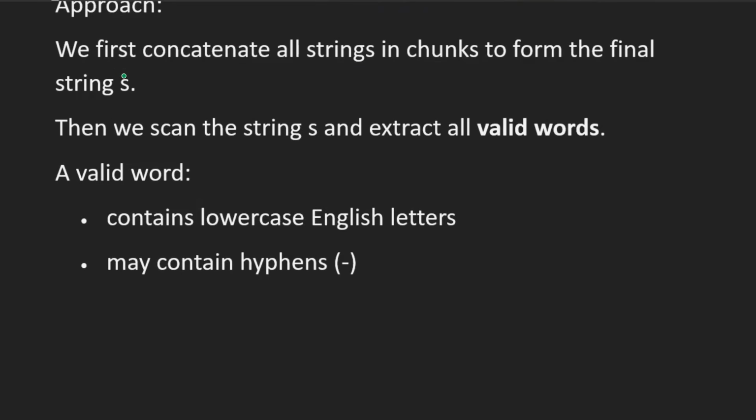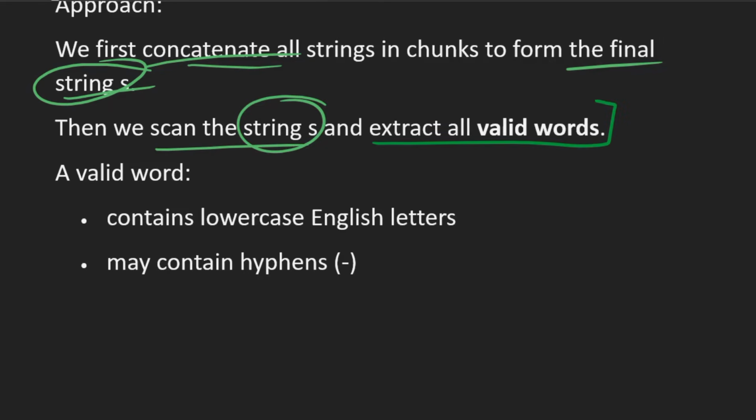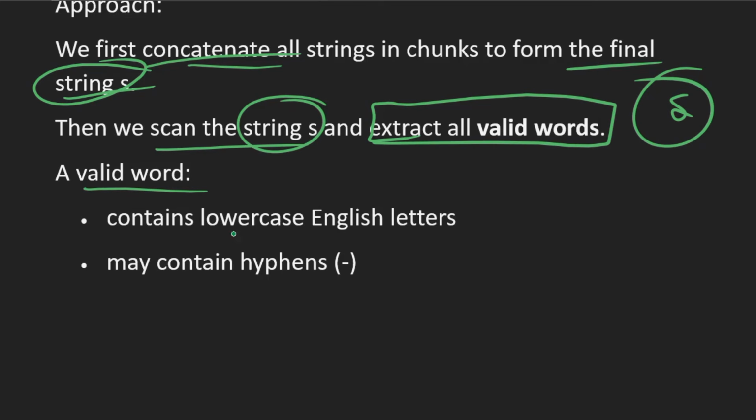So first of all, we concatenate all the chunks and form our string s. Then we scan our string s and extract all the valid words from the string s. And now what is a valid word? A valid word is a word that contains lowercase English letters.